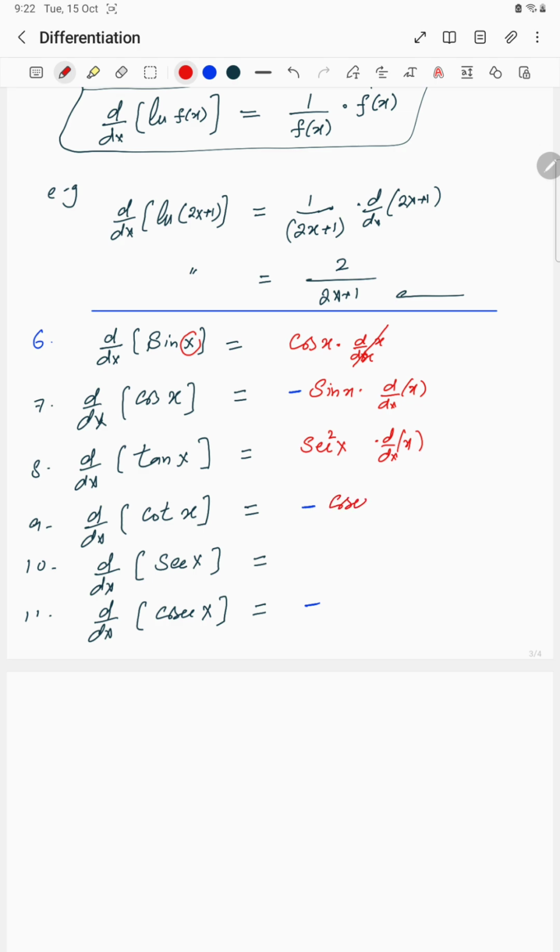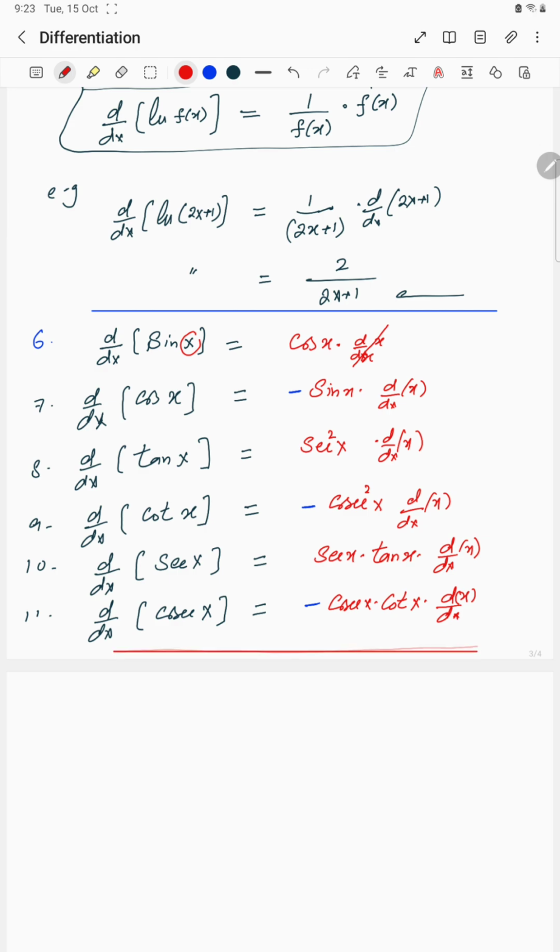Cotangent is minus cosecant square of x times the derivative of the angle x. The derivative of secant is secant x times tangent x times the derivative of the angle. And cosecant is minus cosecant of x times cotangent of x times the derivative of x, right? These are the rules, and now I'm going to apply them to certain examples.